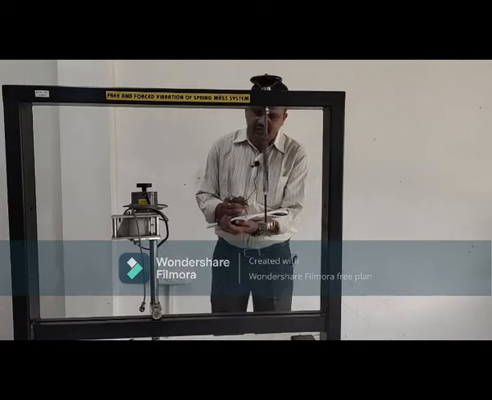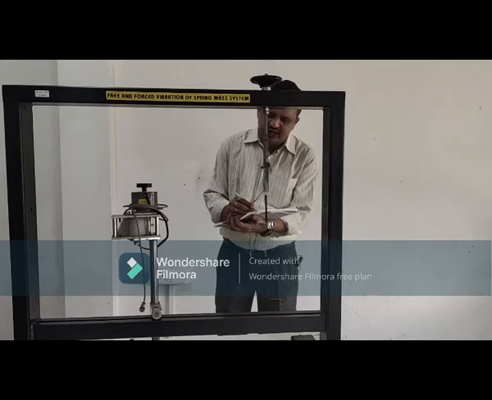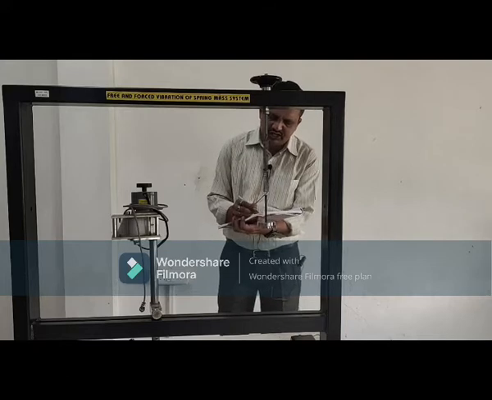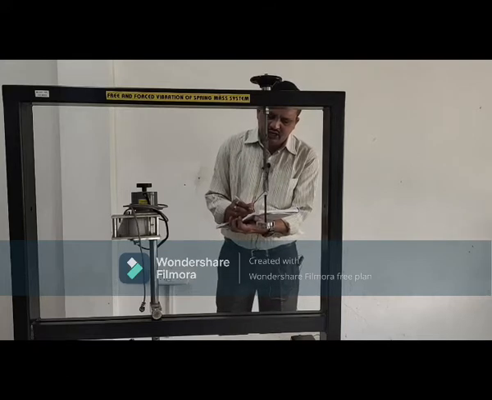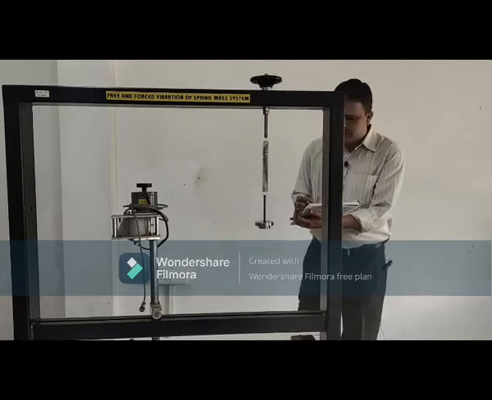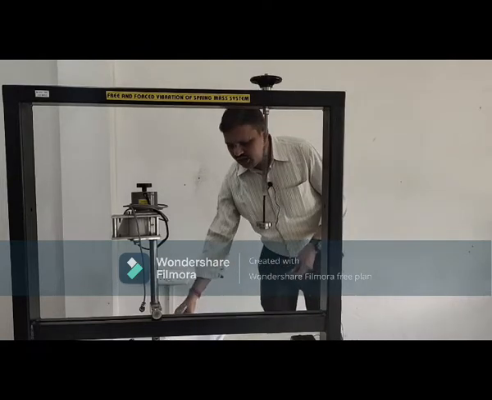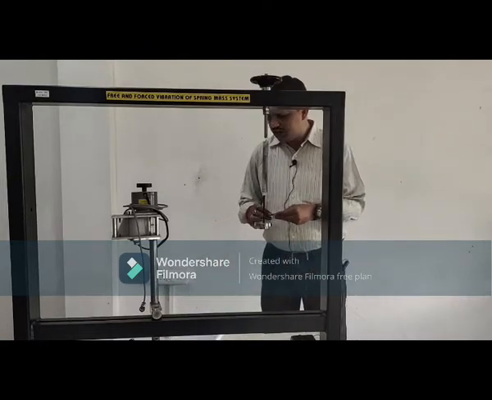So first we need to note the weight, that is 338 grams. The mass attached to this spring is 338 grams, and in kgs it is 0.338 kgs.